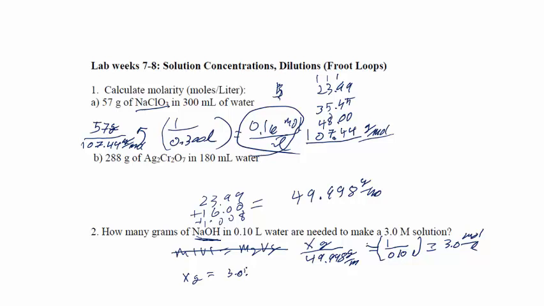3.0 mole per liter times 0.01 liter times 49.998 grams per mole.